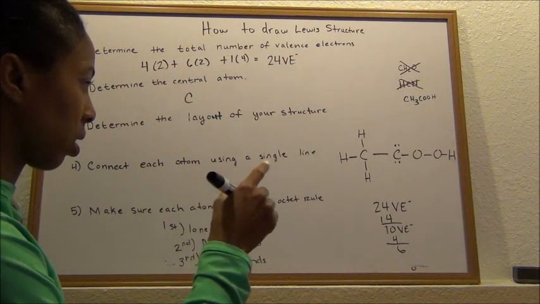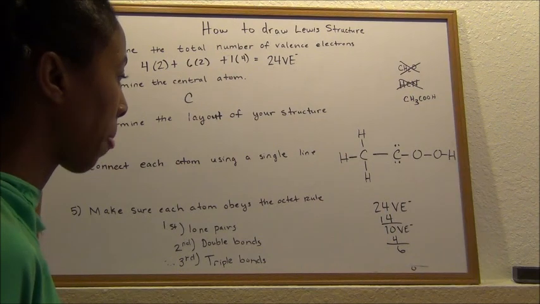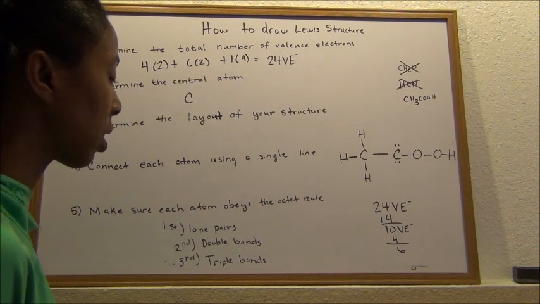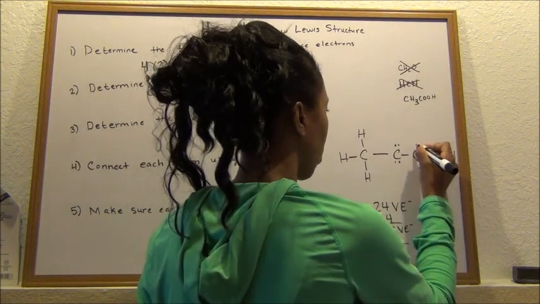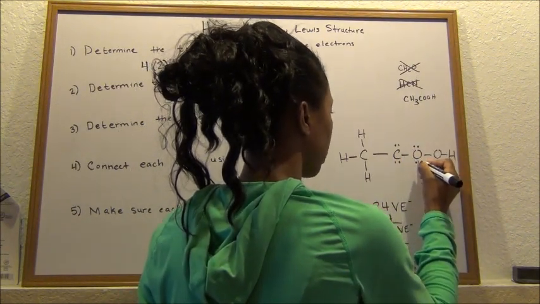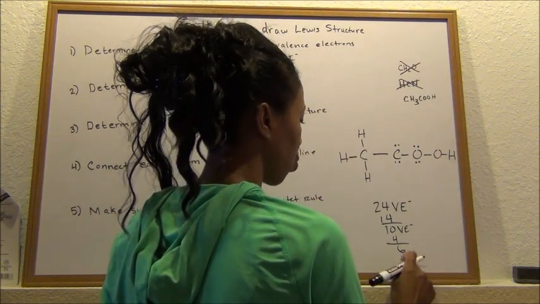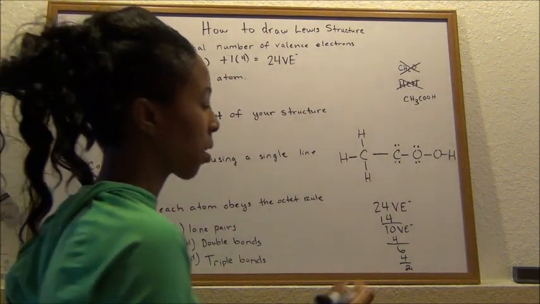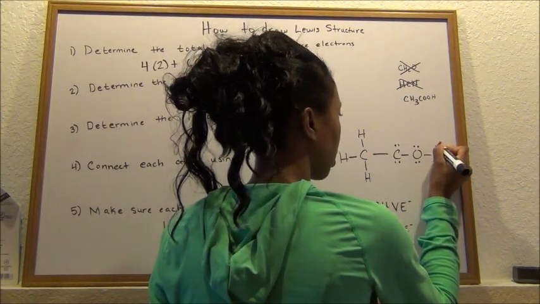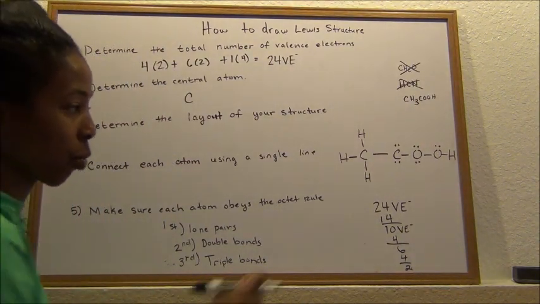Two, 4, 6, 8, 10, 12, 14. All right. So next thing with oxygen, I have 2, 4, 6, 8. So I've used up 4 electrons. So now that leaves me with 2. And so now 2, 4, 6.